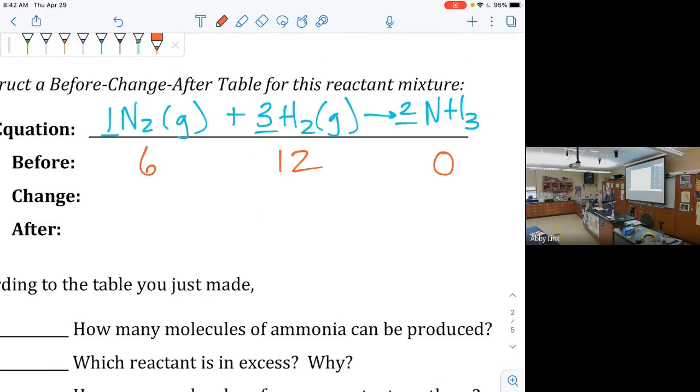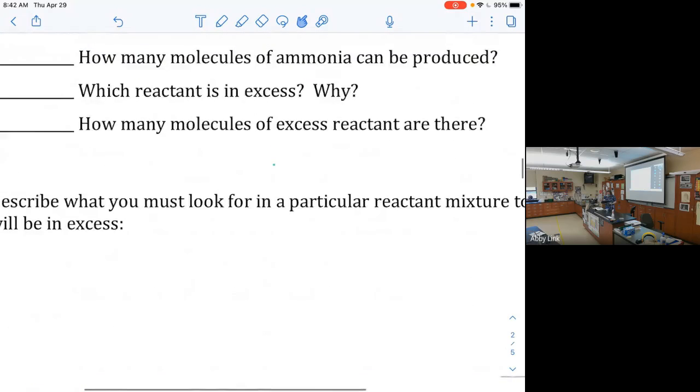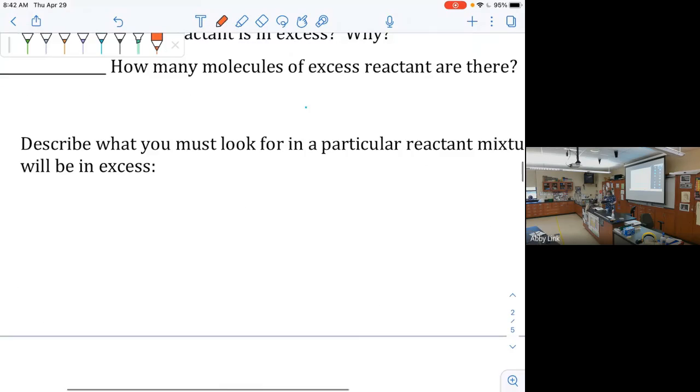All right. So now is my trial and error time. I have to figure out if N2 is going to be my limiting reactant or if H2 is going to be my limiting reactant, okay? I'm going to come down here, guys, to show my math just so I have enough space to write. If N2 were to be my limiting reactant, I would use up all 6 moles of N2, okay? If I'm going to assume that, remember, this is trial and error, so I'm not saying this is right or wrong.